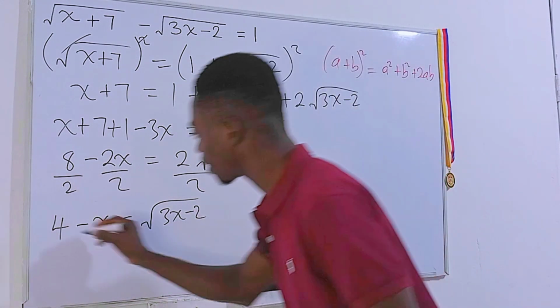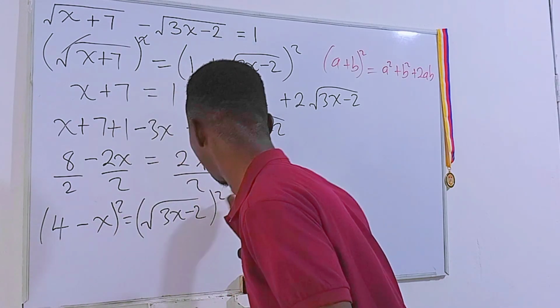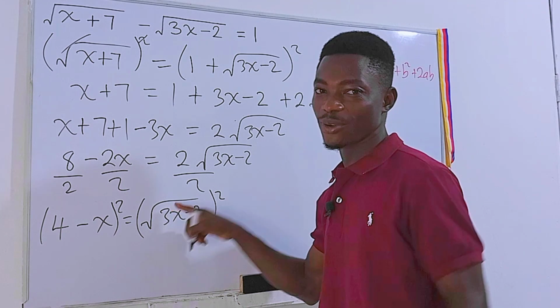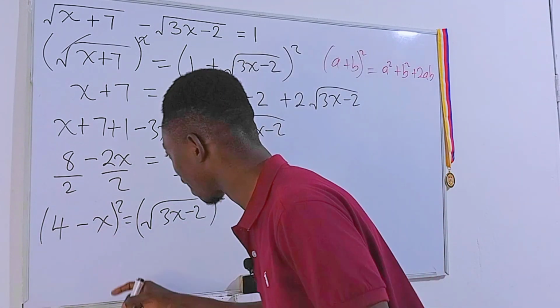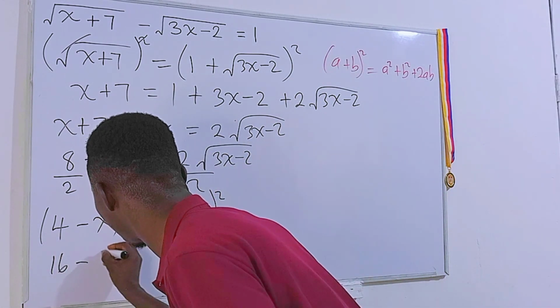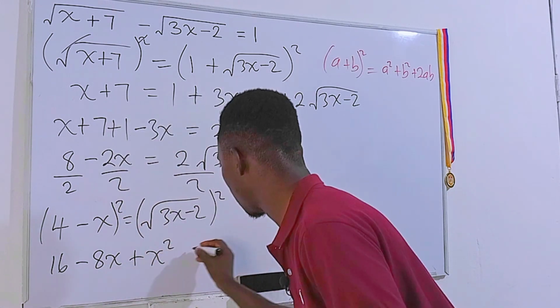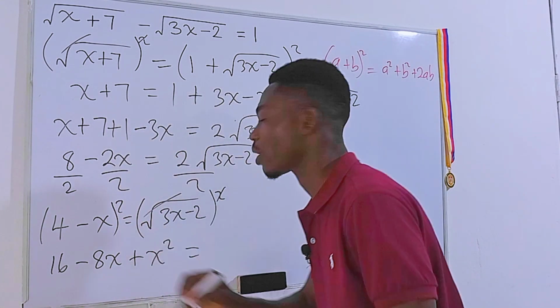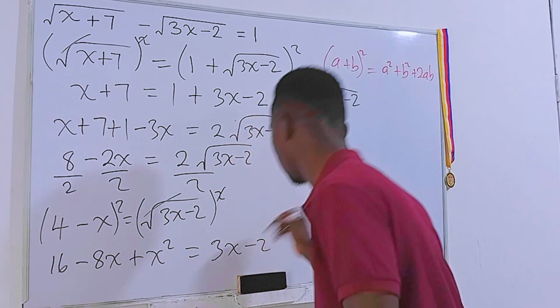I'm going to square each side of the equation once again because we still have a square root right here. In order for us to get rid of this square root, we have to square it. So on the left hand side, expanding this one, we have 16 minus 8x plus x squared, and this will be equal to this, and the square root will go, and we are left with 3x minus 2.